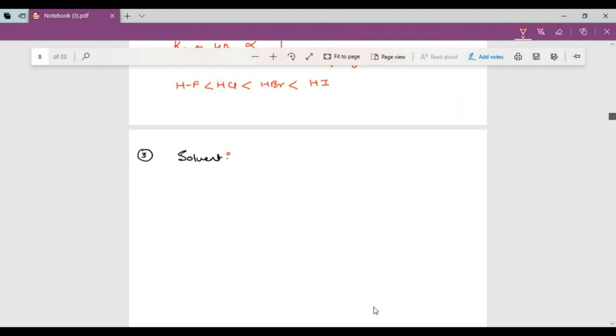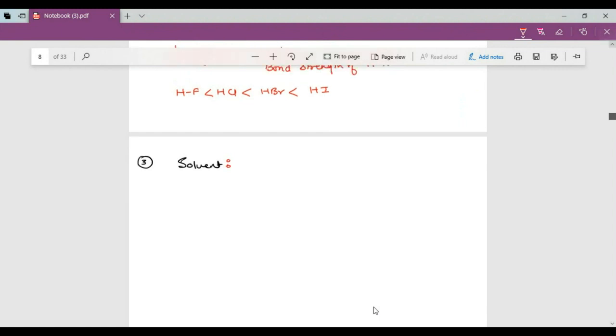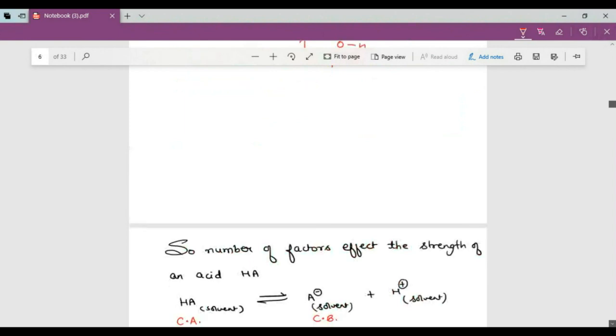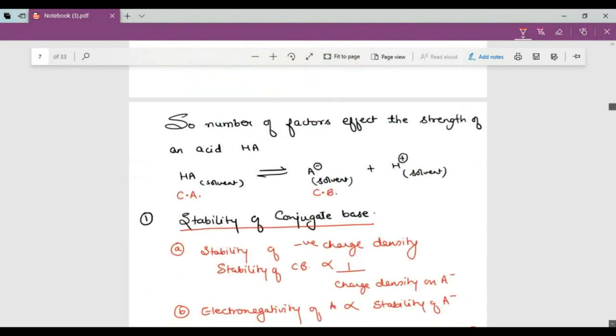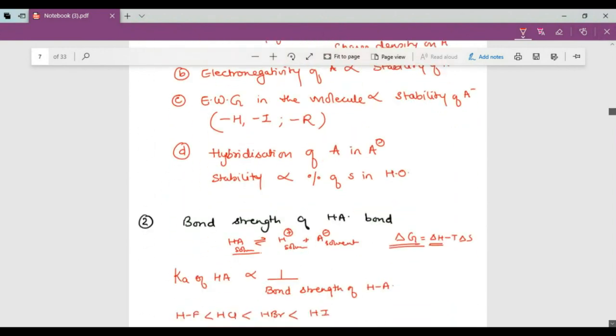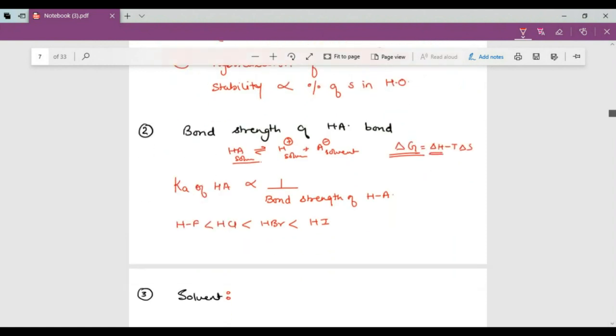Next factor, as I said, will certainly be the solvent. We have already seen the solvent effect when I talked about HCl ionization under aqueous condition and under gaseous condition. But one extra factor I would like to add here: I'm taking everything in a liquid phase, in a solvated condition.